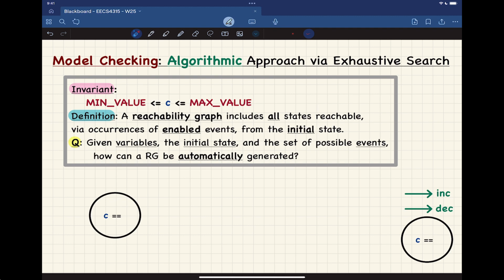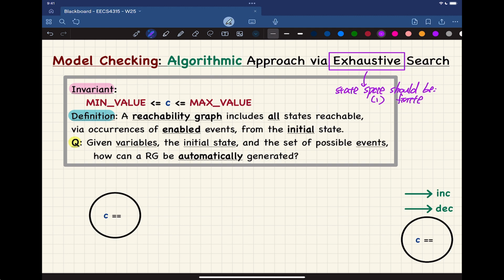Okay? And the idea is we're going to do some exhaustive search. In order to be exhaustive, that means we are really dealing with some finites. That means the state space should be, usually two criteria. Number one, it should be finite.